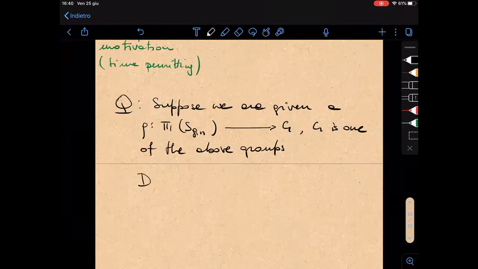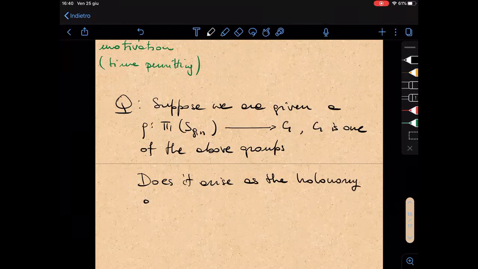Then does it arise as the holonomy of some flat structure on S_{g,n}? This is the question we would like to answer.